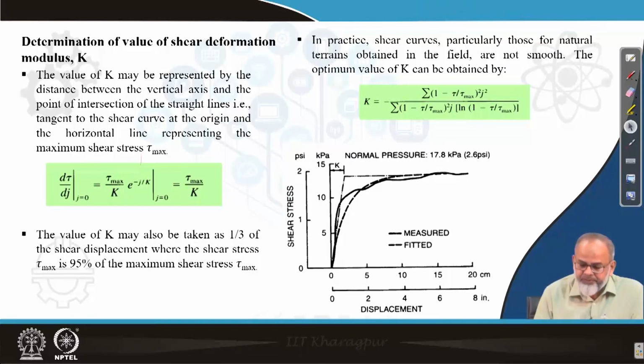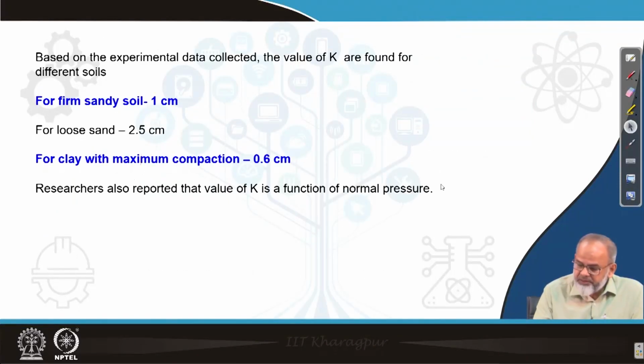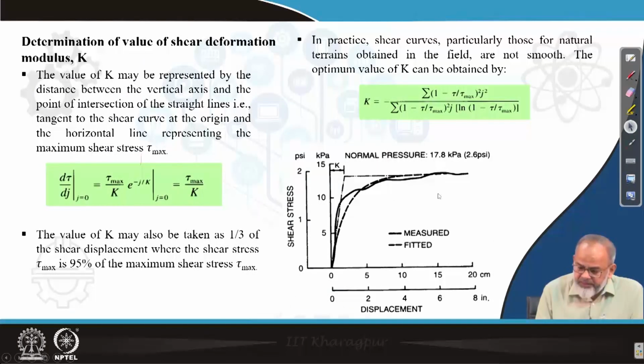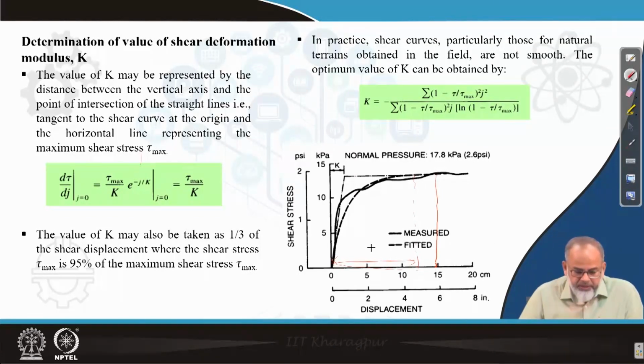Suppose this is the maximum shear displacement. So 95% of 15, so somewhere here. Now one third of that displacement value will give you directly the value of k. The unit of k is millimeter.